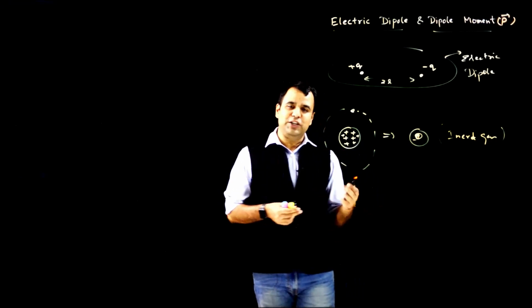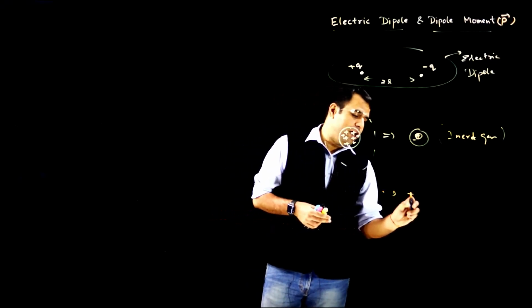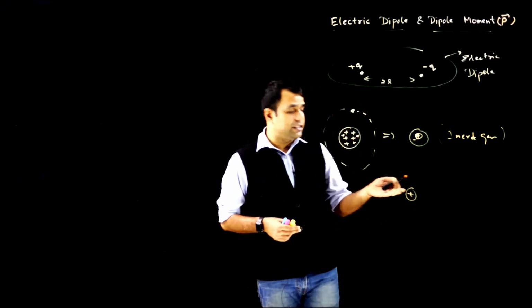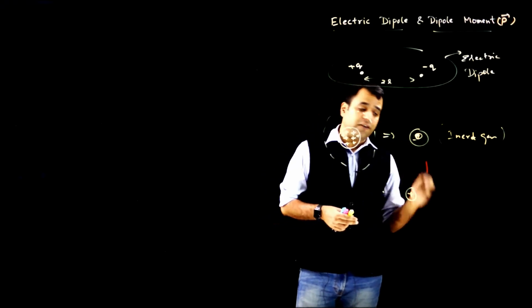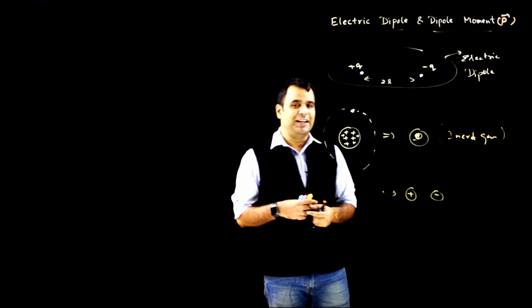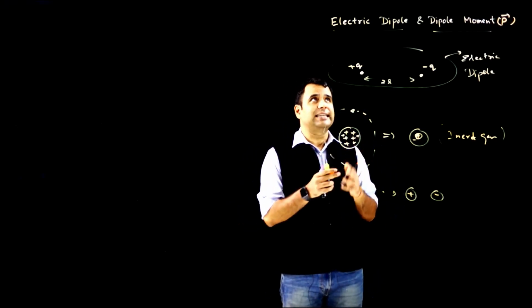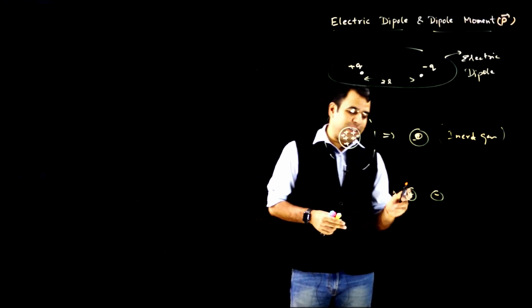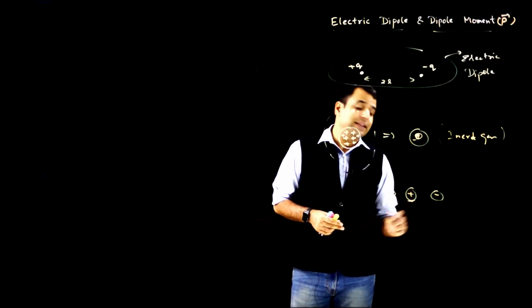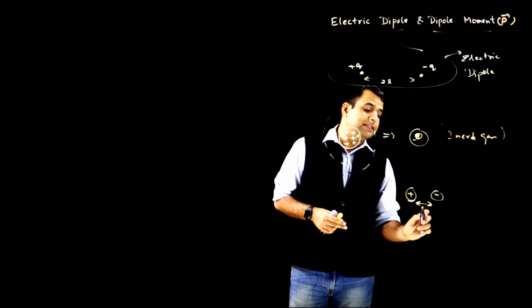But in the majority of cases, except the inert gases, when you look for the center of the nucleus, which is the center of positive charge, and the center of electrons, they will not lie on each other. They will be a little bit separated. So this atom is basically the basic electric dipole, because there is one center of positive charge and one center of negative charge, placed at some distance.